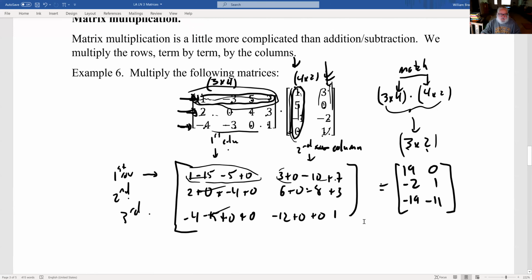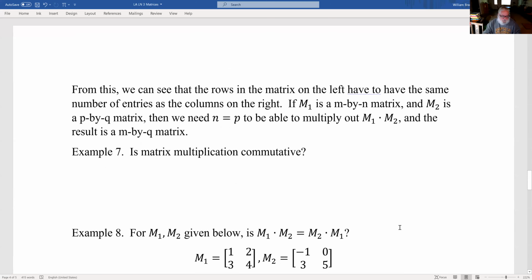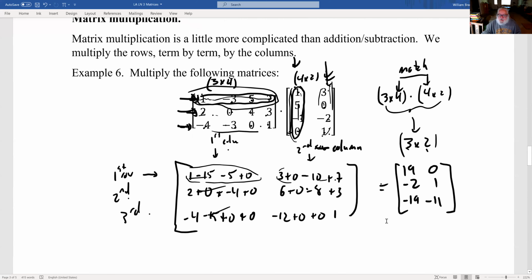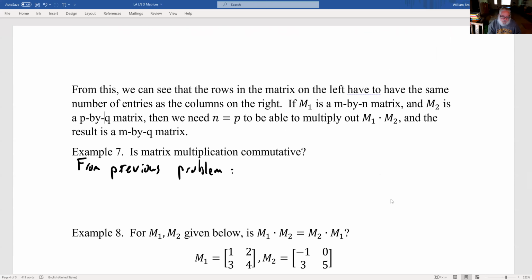If we have these two matrices, from the previous problem, we had a 3 by 4 times a 4 by 2. And that gave rise to a 3 by 2 matrix.